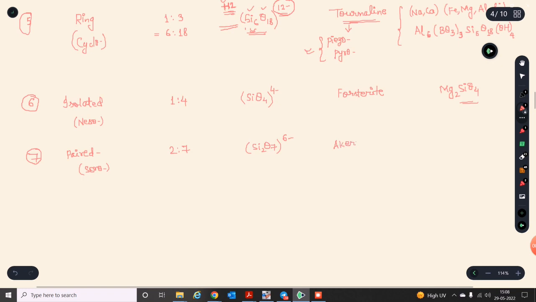One common one is akermanite. It is Ca2MgSi2O7. Like I was mentioning, you need to have 6 minus, then you need to have the cations plus 6. Ca2Mg in total forms plus 6. Ca2 becomes plus 4, Mg has plus 2, so plus 6. Likewise, we have these charges balancing out.